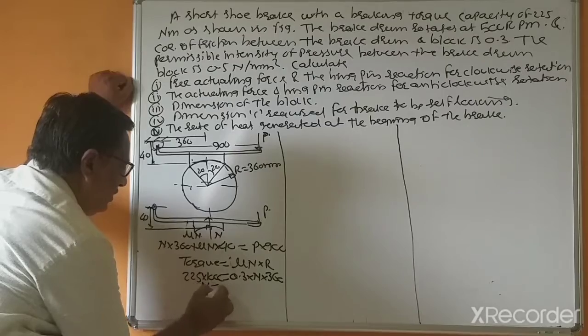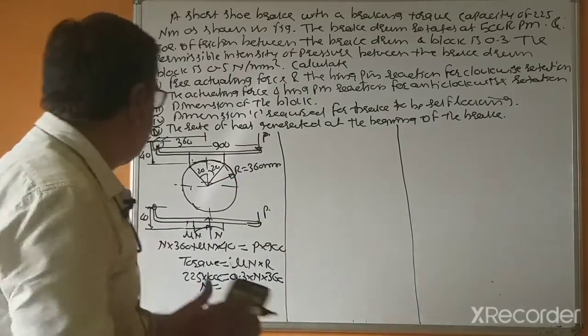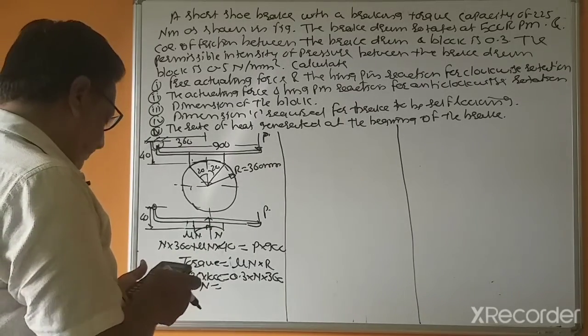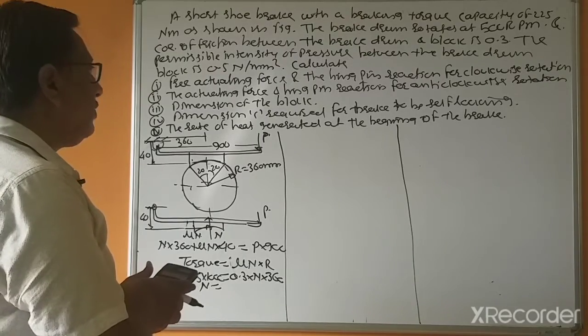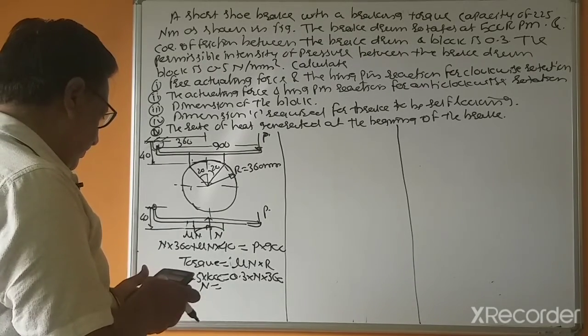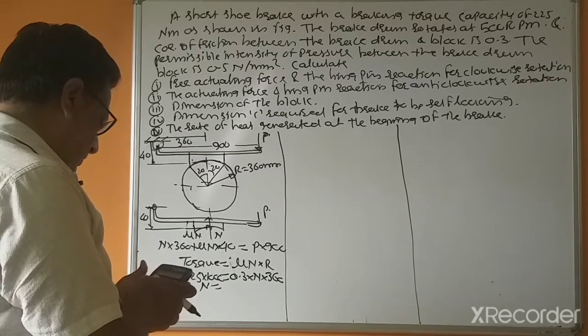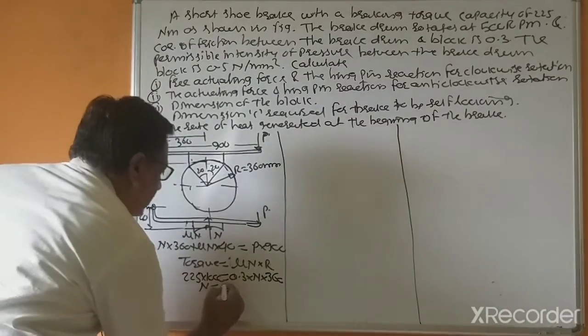So N equal to. First we will calculate this, because in this equation there are two unknowns. 225 multiplied by 1000 for converting meter to mm, divided by 0.3 divided by 360, equal to 2083 Newton.